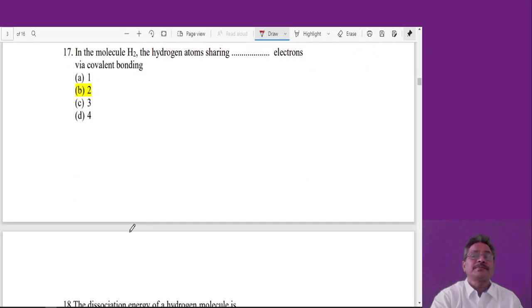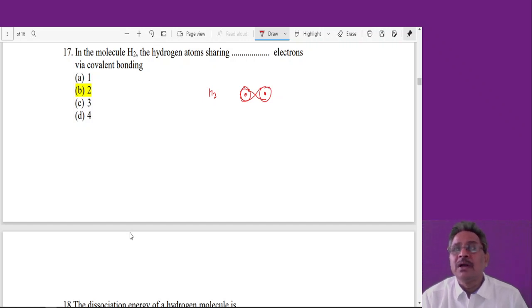Now, question number 17. In the molecule H2, hydrogen molecule, the hydrogen atoms share electrons via covalent bonding. So, here, this is one hydrogen atom and this is another hydrogen atom, and this electron is shared to this, and this electron is also shared to this. So, every time in an orbit, for an instant, there are 2 electrons found here. After some time, both of these 2 electrons will be observed here, and thereby these 2 atoms remain in the bound state for a long time, and this type of bonding is called covalent bonding.